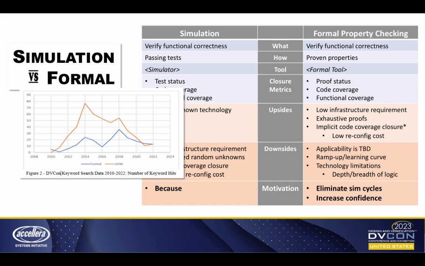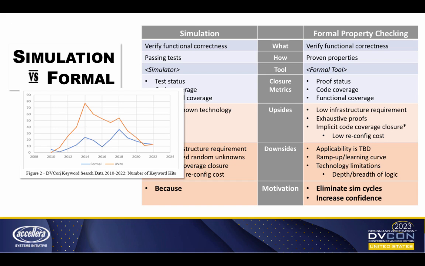UVM has received a lot of attention by the verification community in general, specifically relative to formal. So I think you could probably multiply the orange line relative to the blue line there by a reasonably big number, and I think that it represents the attention we give simulation relative to formal.